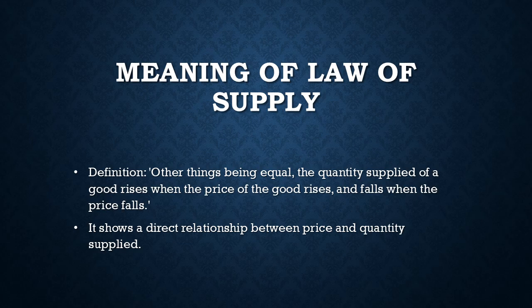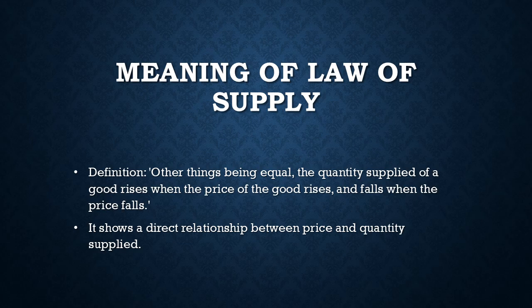Students, the law of supply helps us to understand how sellers behave in the market. The law says when the price goes up, sellers will supply more because they can earn more profit. When the price goes down, they will supply less because the profit is lower. So, price and supply move in the same direction.